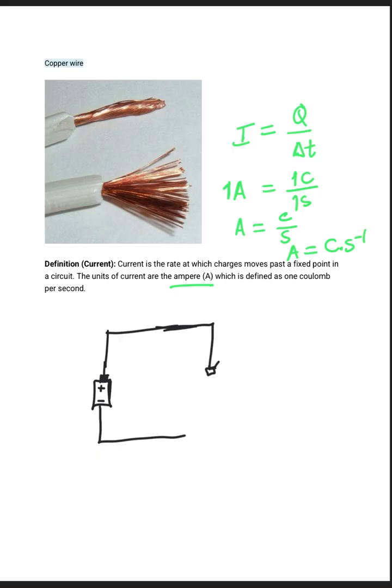And then I have a bulb here, right? Now electrons are negatively charged, we all agree on that.